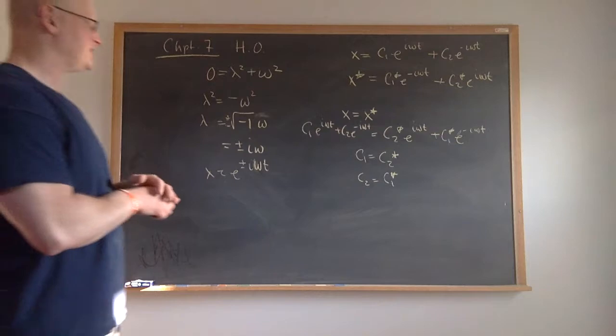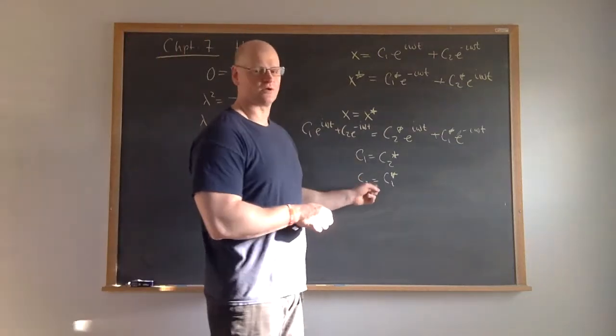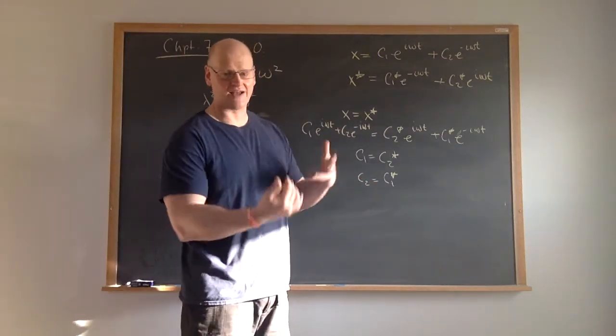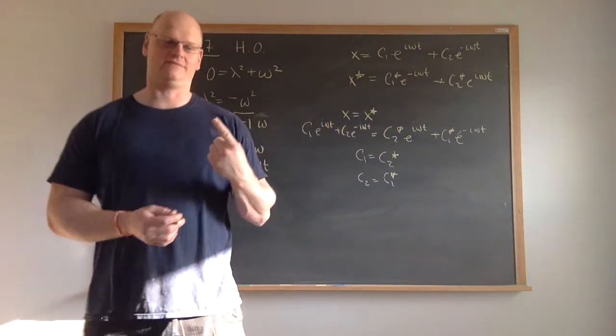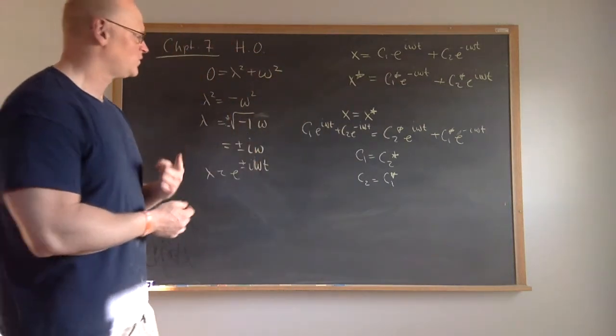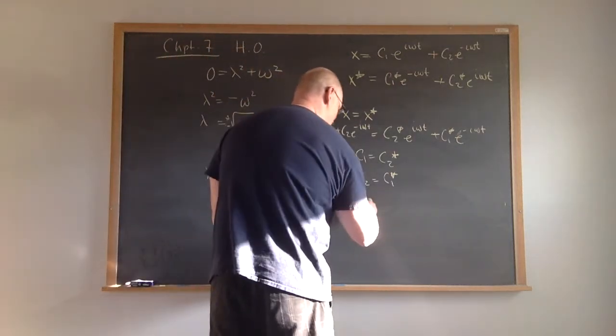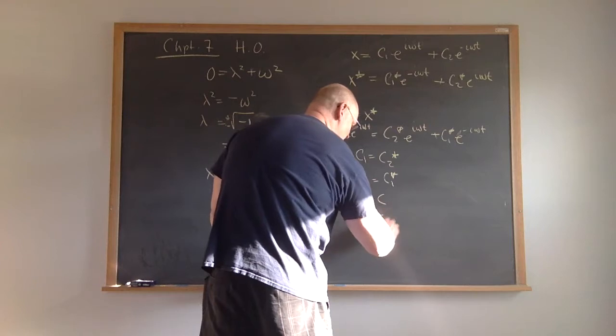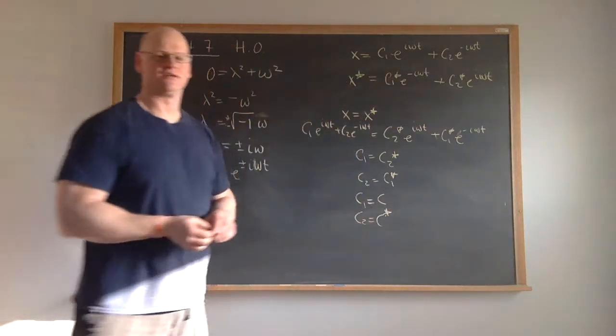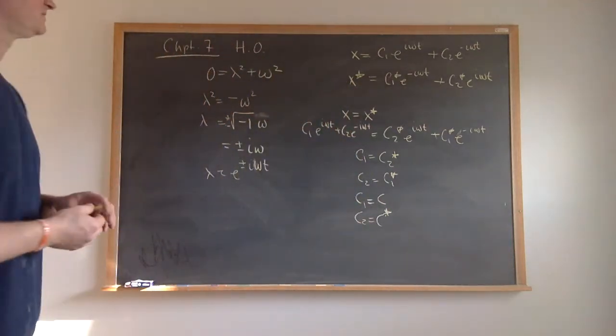What that tells us is that since c1 and c2 are related via complex conjugation, we really only have one coefficient. Let's call that c1, equal to c, which means that c2 is equal to simply the complex conjugate of c.